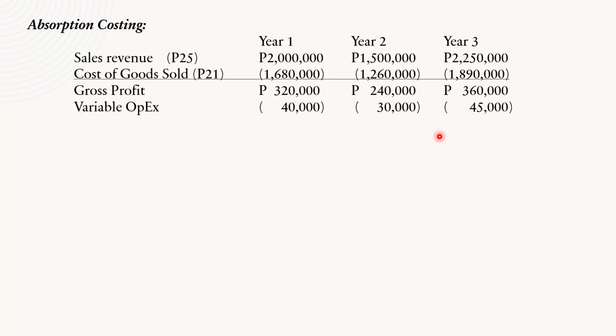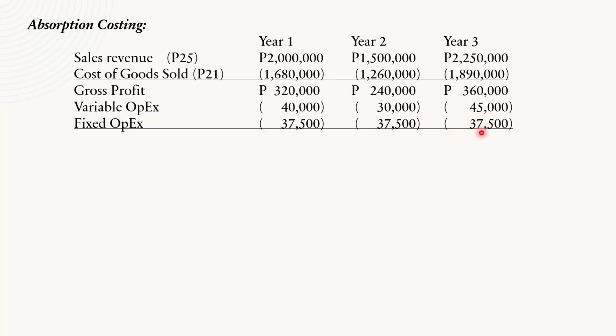The selling expenses would include 0.50 per unit only. So 0.50 times 80K, 40K. 0.50 times 60K is 30K. 0.50 times 90K is 45K. And then don't forget your fixed selling expenses. Your fixed selling and admin is 37,500 every year.